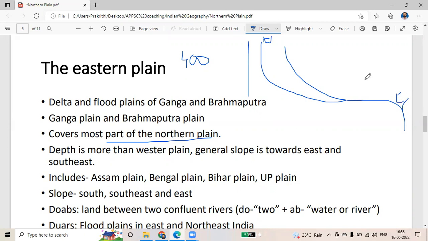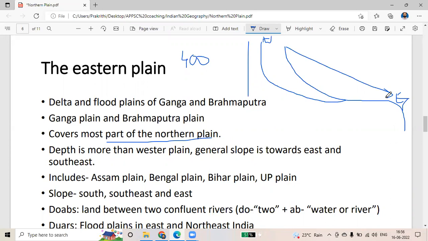So slope is towards the east. इसी डायरेक्शन, ईस्टर्न डायरेक्शन में है इसका स्लोप, और एक्जैक्टली से नॉर्थ वेस्ट टू साउथ ईस्ट डायरेक्शन में है द ईस्टर्न प्लेन्स का स्लोप.